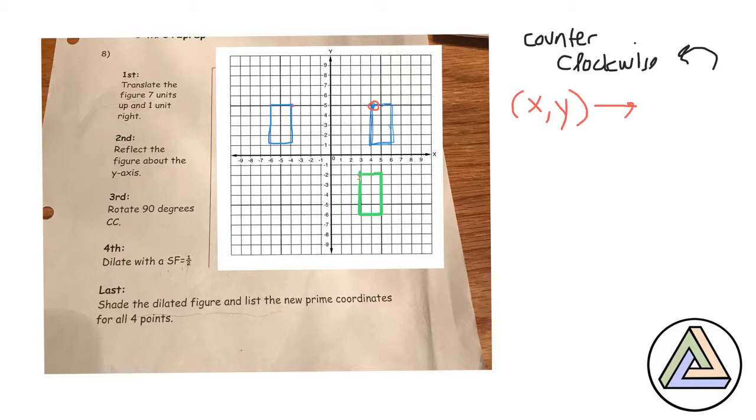Let's say this is an original reference point. When you rotate counterclockwise, you're going to turn what used to be x comma y into negative y comma x.